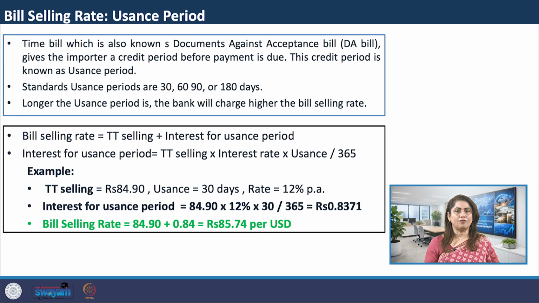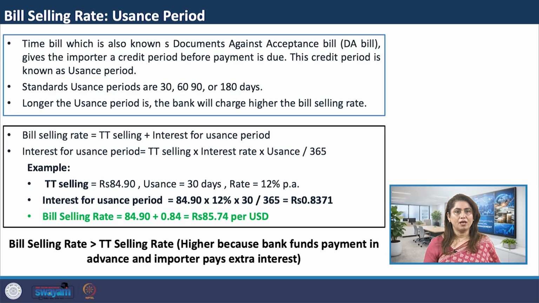The difference of 0.84 rupees per dollar is the interest the bank charges for funding the importer for 30 days. Bill selling rate is higher than TT selling rate because the bank pays in advance and the importer pays extra interest. Longer the usance, higher the rate.